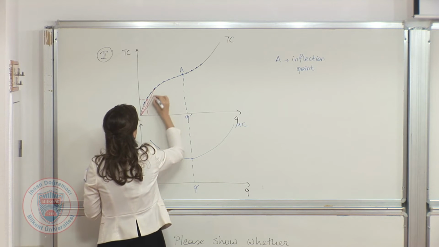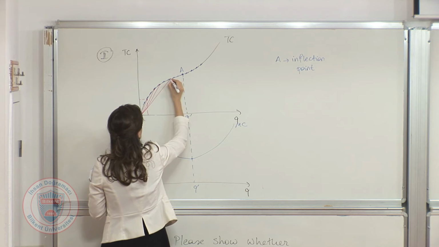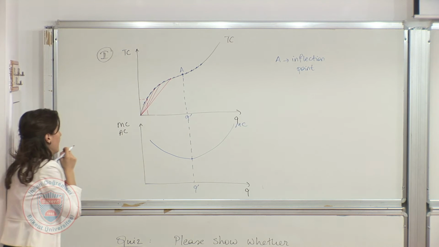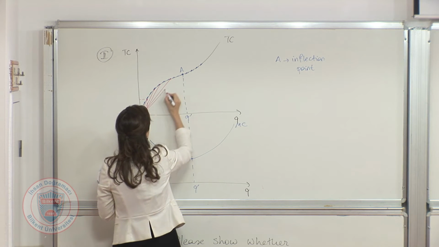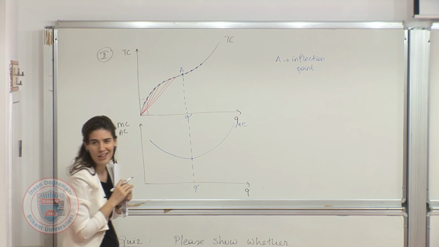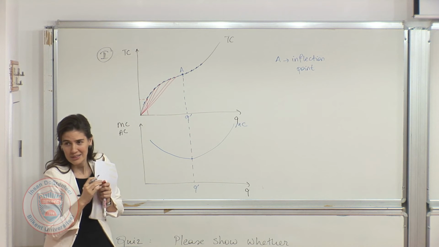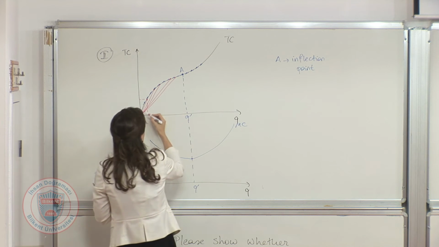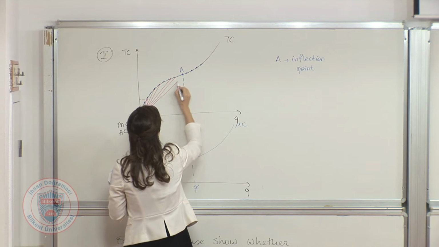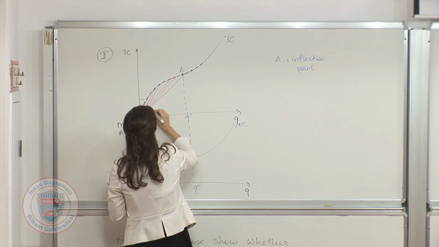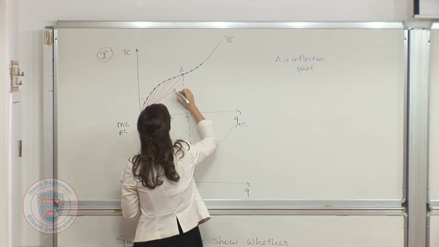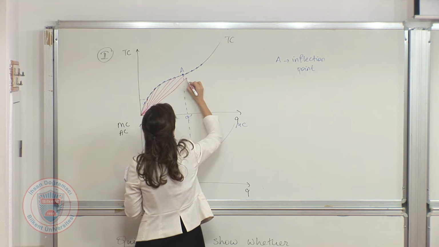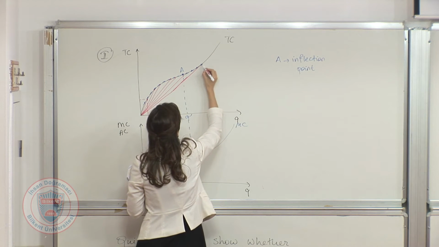So if you look, what's happening to the average costs? They are decreasing until which point? Are average costs decreasing until the inflection point, or? Actually, they are going to be decreasing until where they have the same slope, when these guys are tangent to each other, right?